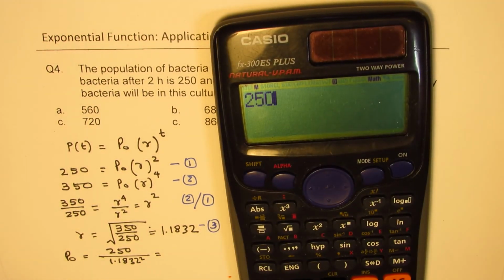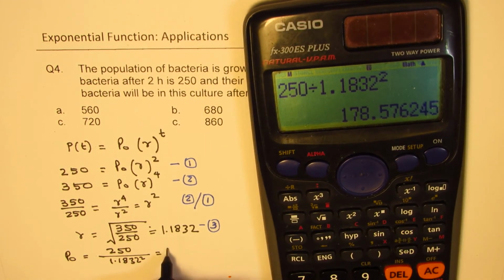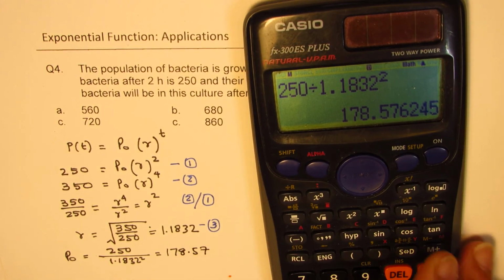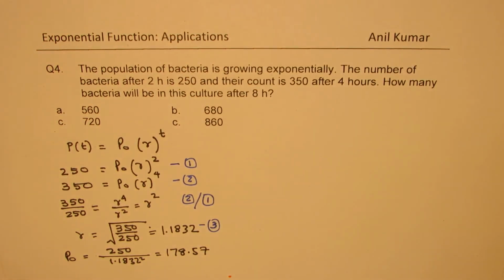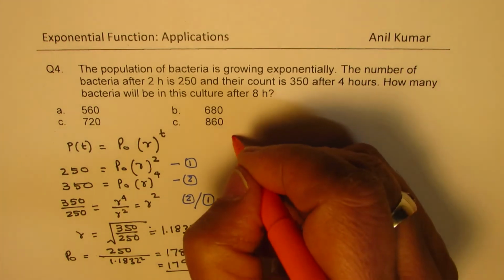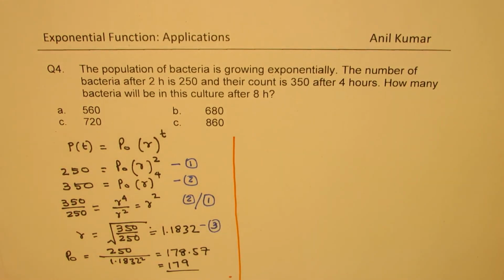So we'll divide 250 by 1.1832 square, and we get this as 178.57. So we have to round this to a whole number. So we'll take this as 179. Right. So we'll take that as our initial population. Sometimes you may have to find the initial population, rate of growth, and all those things also, and therefore this part I've done like this.